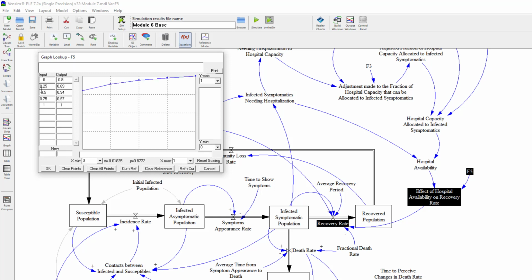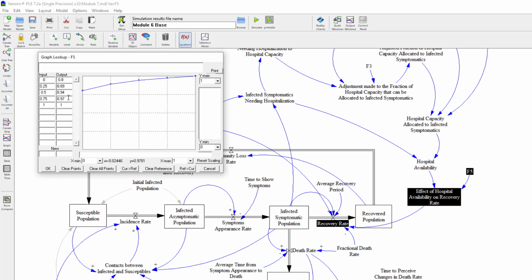Alright, so I entered all the values here, and what you're seeing here is when the hospital is not available, then those infected symptomatics who needed hospitalization, if we have 75% of the hospital available, that means 25% of infected symptomatic needing hospitalization, they don't have hospital beds.